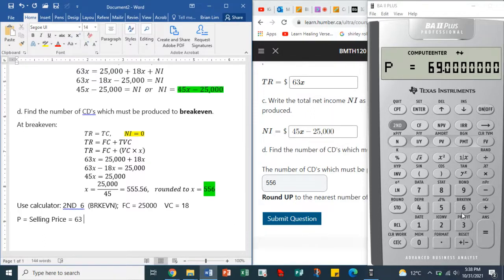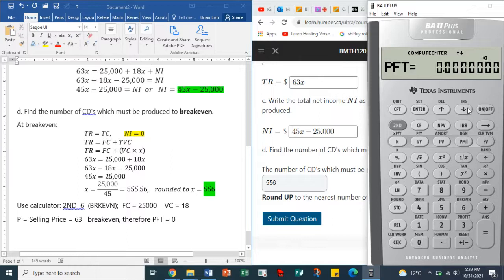So that's the number we put in there, and we enter it. Now profit is 0 because it's break even, therefore EBT is equal to 0. If it's not already, you just put a 0 in there.